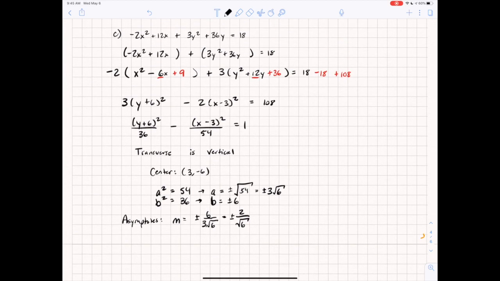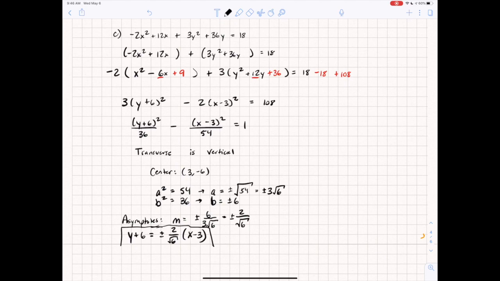So then my equation would look something like this: y plus 6 is equal to my slope, which is plus or minus 2 over root 6, and then here, x minus 3. I know this is getting kind of cluttered, so hopefully this is okay.